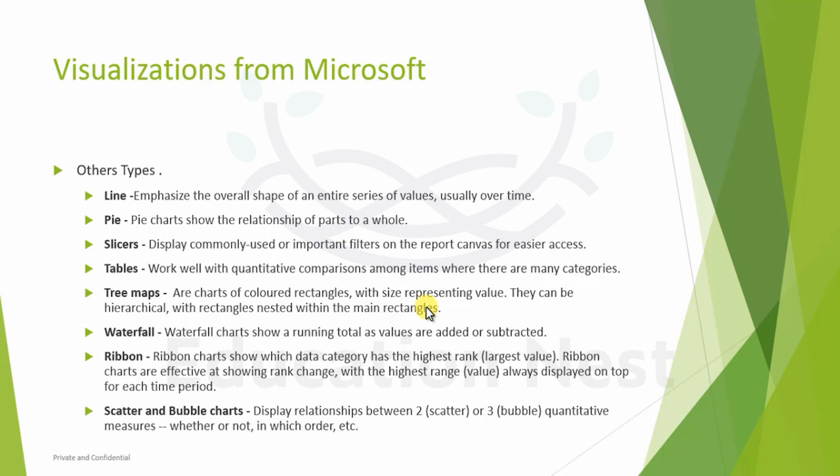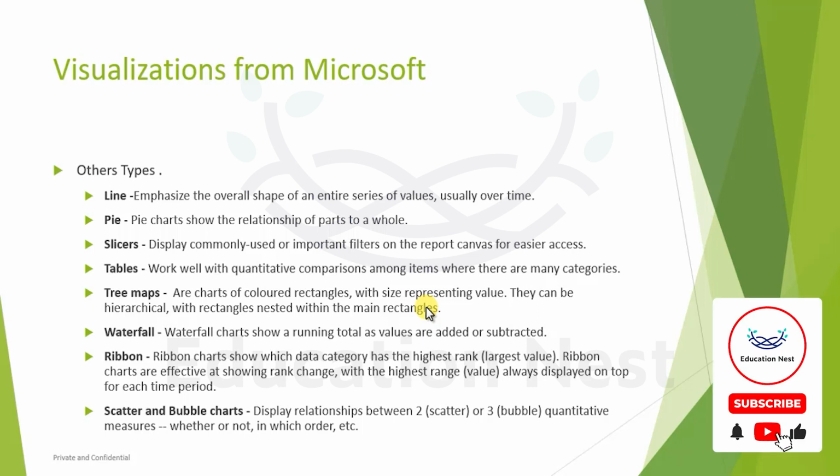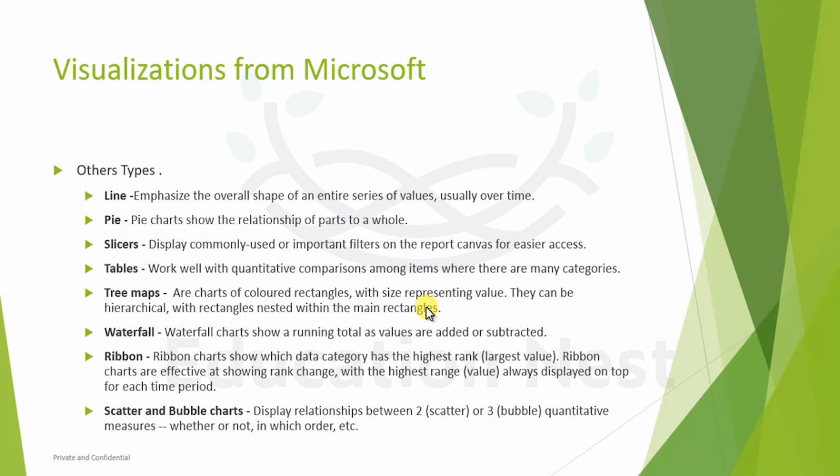Second is pie chart. Like we saw the donut chart, pie chart is the same as the donut chart, only the shape and the visualization concept differs. Slicers interchangeably are also known as filters. We have seen how the slicers work by filtering the other slicers, and we can decide which is the master slicer, like we saw in the earlier learning sessions.